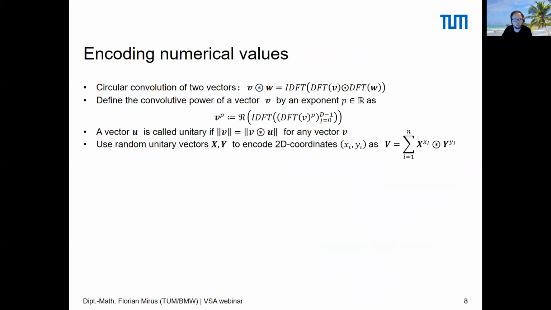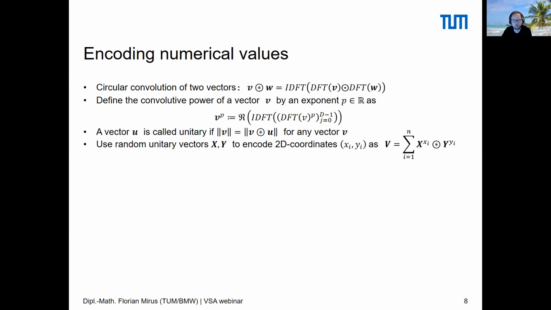So now I want to focus on how to encode numerical values, because if we want to encode the position of traffic participants, we need a way to encode these numerical values of the positions in the vectors. Therefore, we need to look a little bit more into detail at circular convolution. So we can write circular convolution as a combination of the Fourier transform and its inverse.